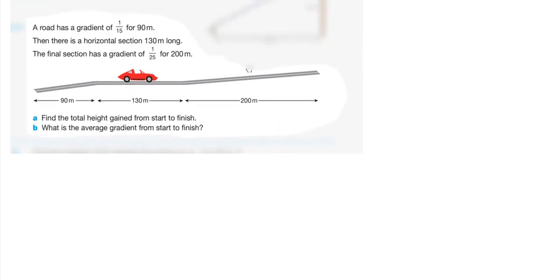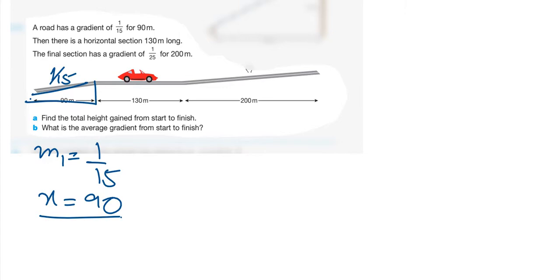So let's check out another problem. We are moving towards more and more complex problems related to the gradient, or you may say the slope. The road has a gradient of 1 over 15 for the first 90 meters. So this part has gradient 1 over 15, or you may write it as m1 equals this. We are given the x value.